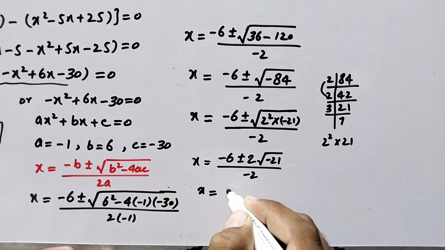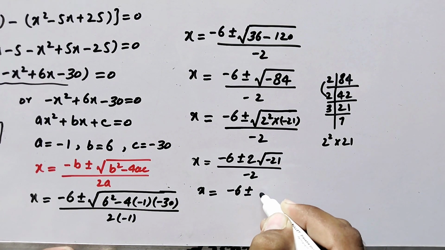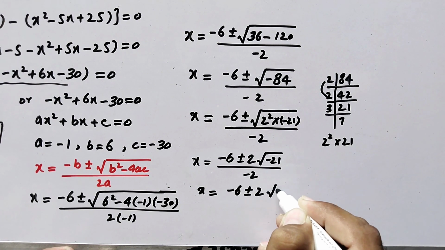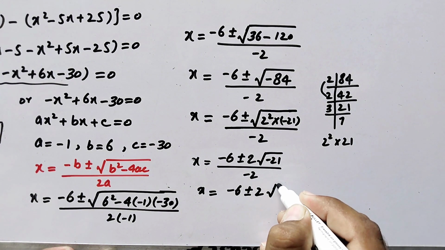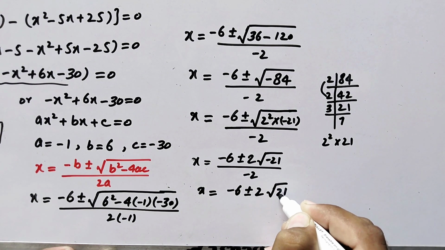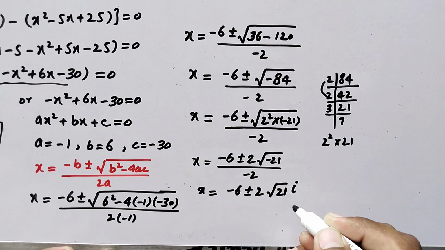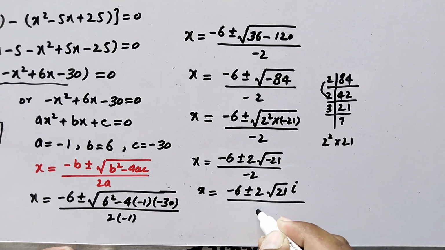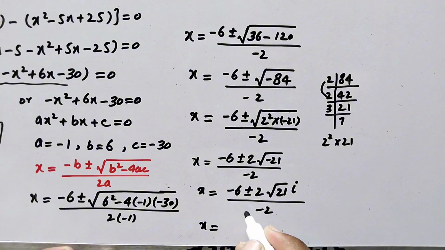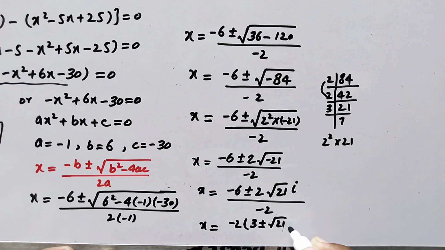Now x is equal to minus 6 plus or minus 2 times root of negative 21, which is the same as root of 21 times i, divided by negative 2. Now x is equal to, taking minus 2 common from the numerator, here will be 3 plus or minus root of 21 times i divided by minus 2.